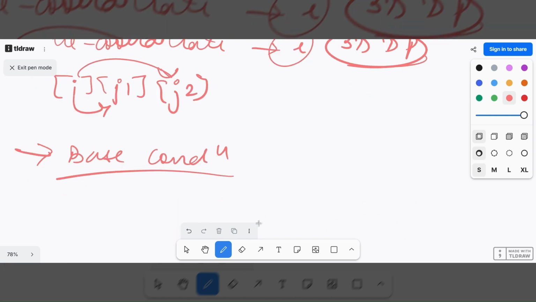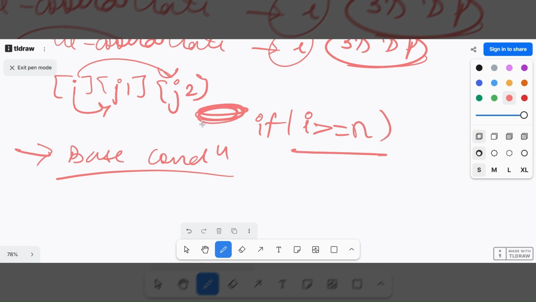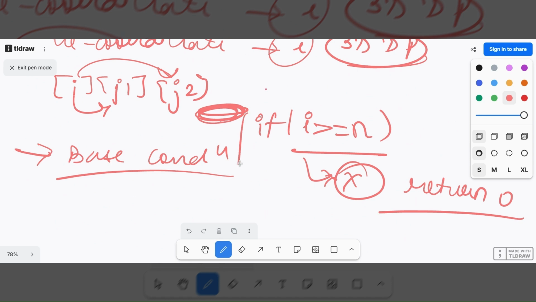So the base condition will be out of bound only, and out of bound for I only. If I is greater than or equal to n, so if there are n rows and you have reached the last row, then you cannot move ahead and you can return 0 from here. So your base condition is simplified to the out of bound condition.